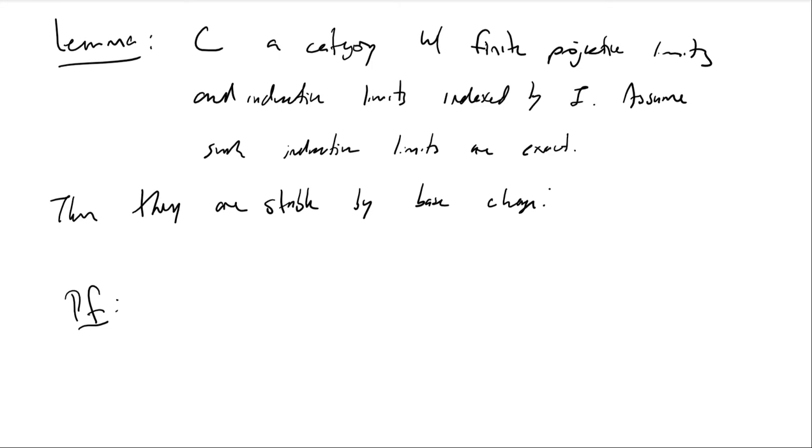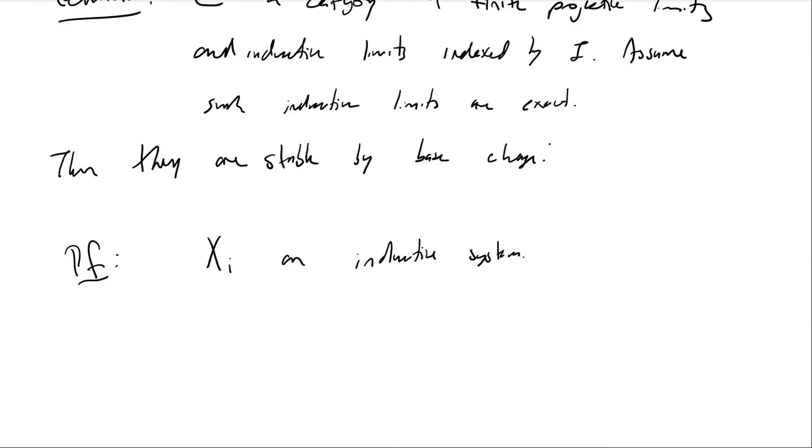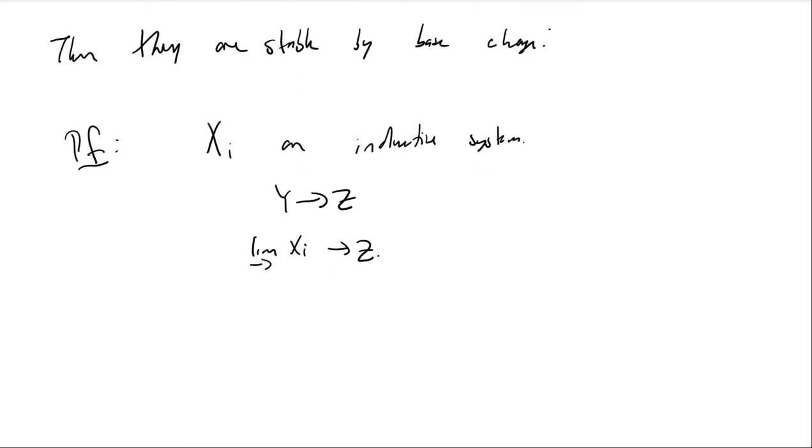So what we do is we consider an inductive system xi. And then I look at morphisms, y to z, and lim xi to z. What I do is I build a sort of stupid inductive system out of this, Yi and Zi.